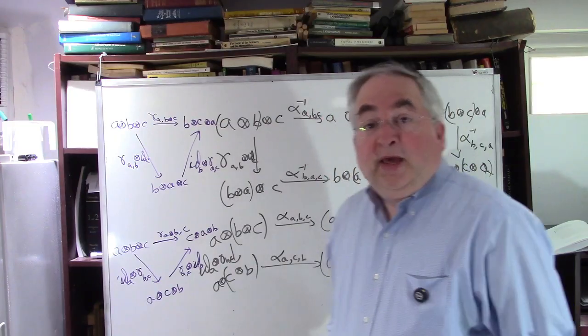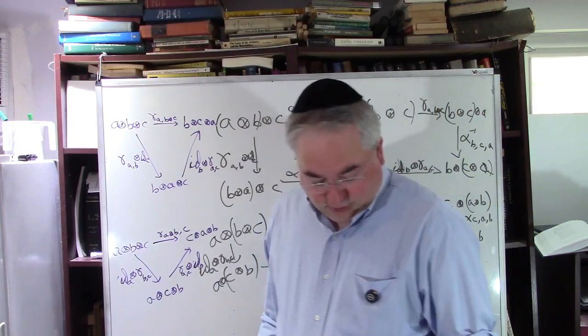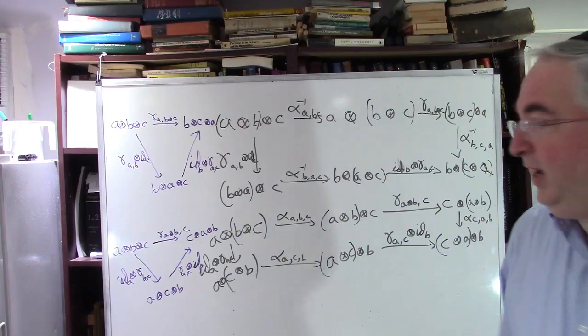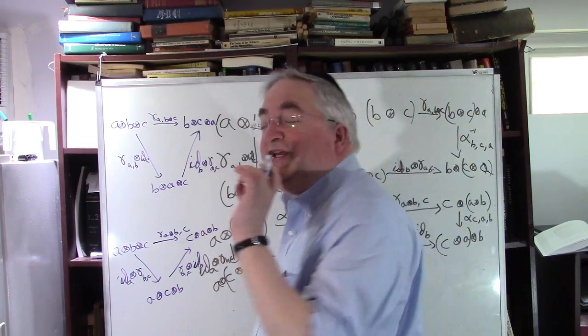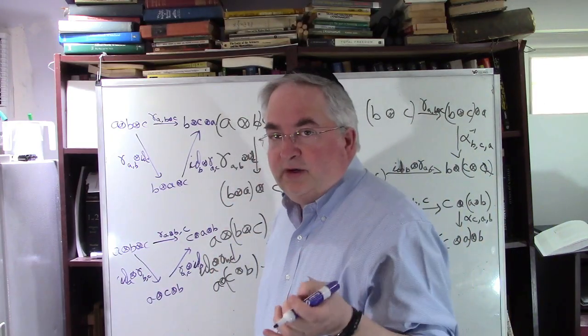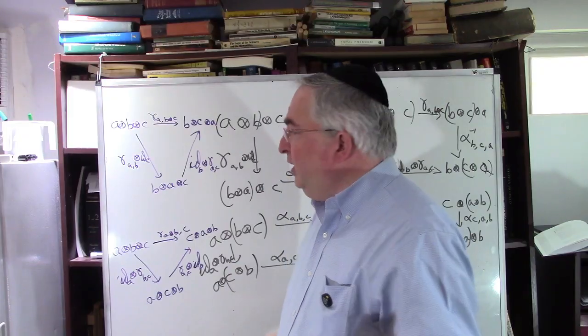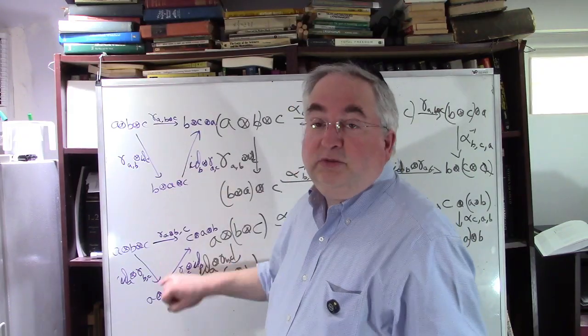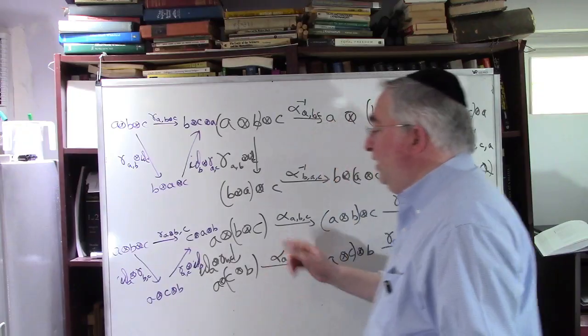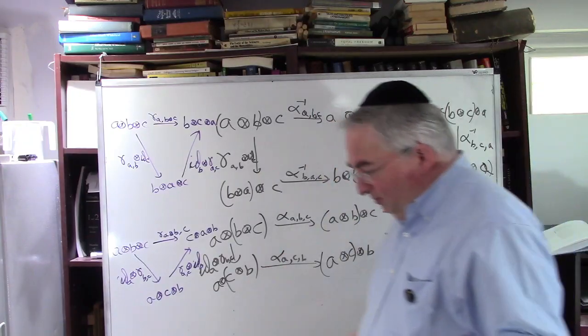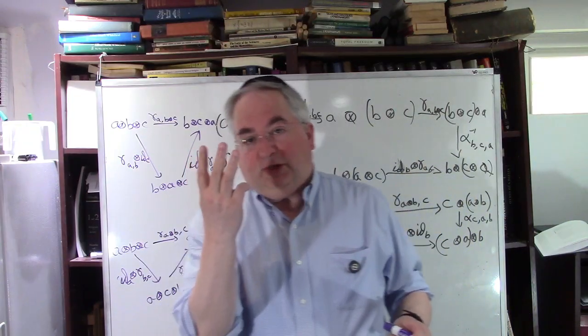Okay, so let's go through this again. You ready? In a strict monoidal category, in a strictly associative monoidal category, where you still have the braiding, you require these two things to commute. Okay, now I just want to show you what they mean. Basically, you have three objects.